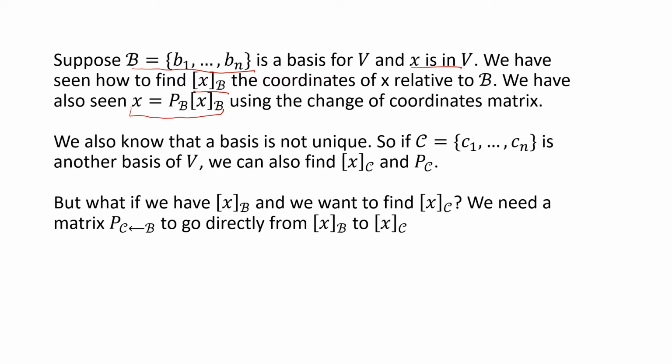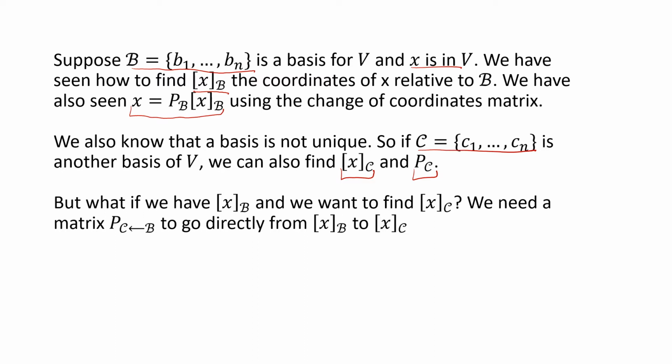But we know that a basis is not unique; for a vector space, you can come up with many different bases. So what happens if we have a different basis C? Well, for that vector x, we can also find xC and PC in the same way.